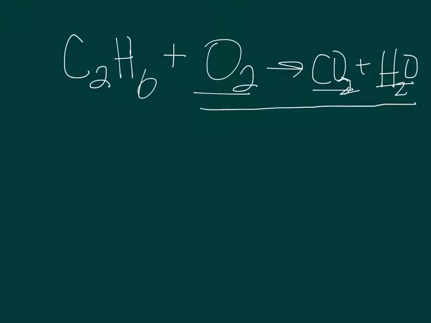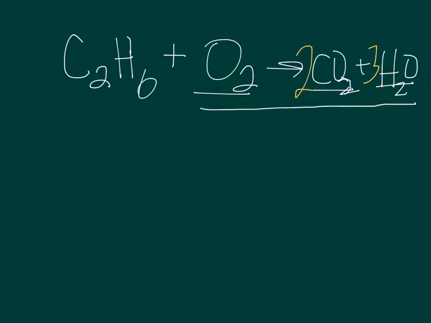Okay, now that I've written the reaction, I need to balance it. So we'll put a 2 here. And then I have 3 here, so I can get 6 hydrogens on both sides. Now let's check my oxygen.